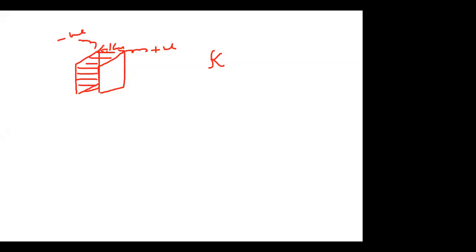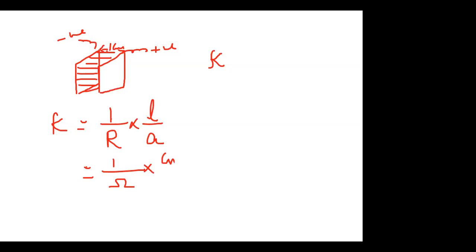Now, what are the units of kappa? The units of kappa can be obtained from conductance into the cell constant, or from the form R into L by A. Substituting the values, R is ohms, L is centimeter and A is centimeter square.